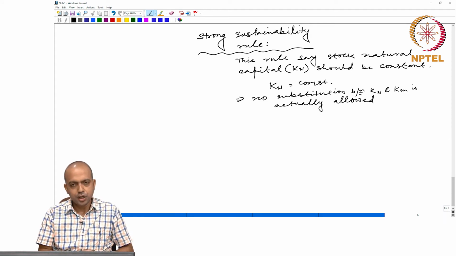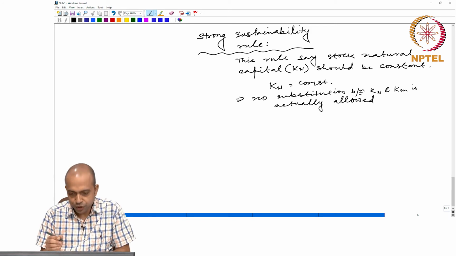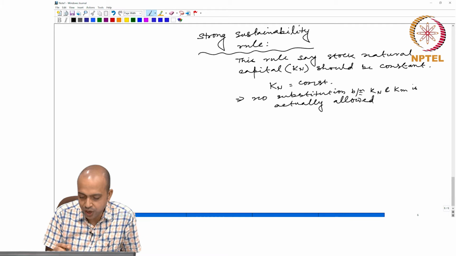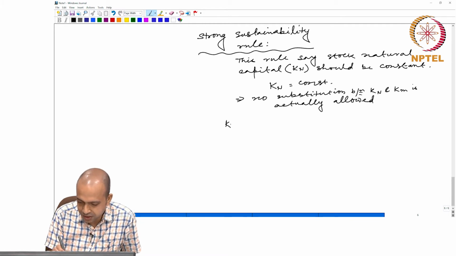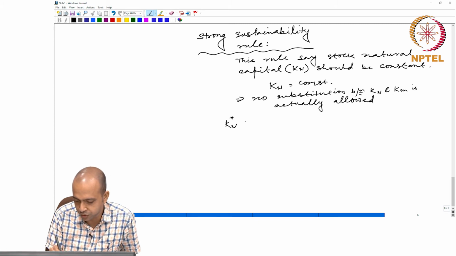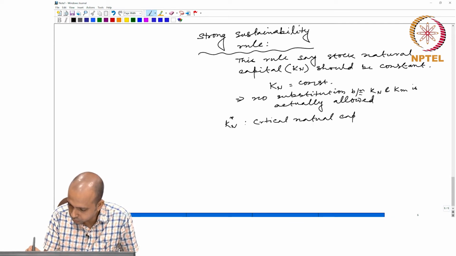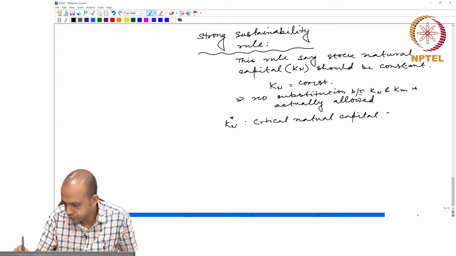Within the strong sustainable development school, there is an even more stringent rule, which says that Kn star should be constant, which is called critical natural capital.